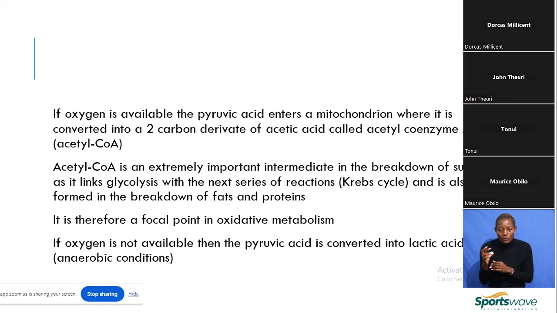If oxygen is not available, that pyruvic acid goes into lactate or lactic acid. And sometimes that is what causes a muscle pull. When you go and exercise without warming up, and suddenly oxygen is not available, but the energy producing system has started, pyruvic acid is now being converted into lactic acid because of that unavailability of oxygen.